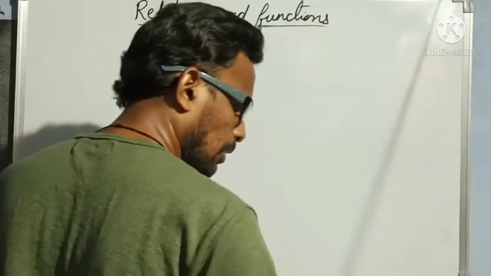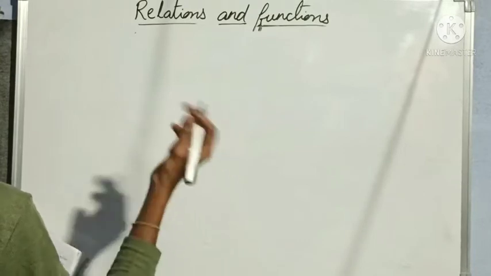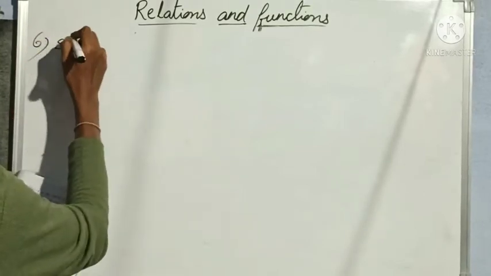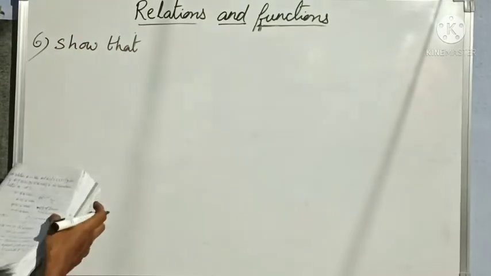I hope now it is clear to everyone what is reflexive, what is symmetric and transitive after these many examples. Yes. So now last example. Show that. So this is a direct question he is asking to show.